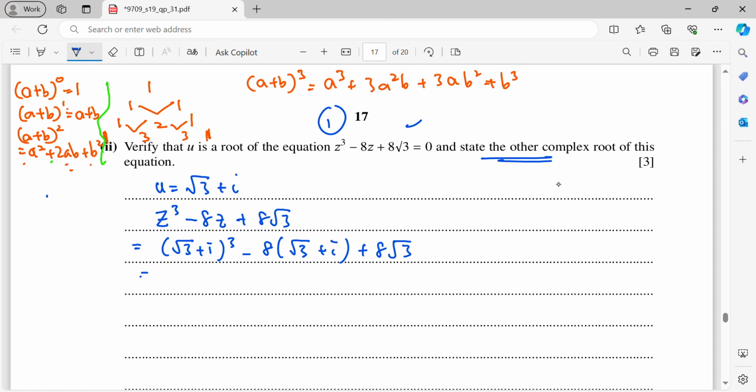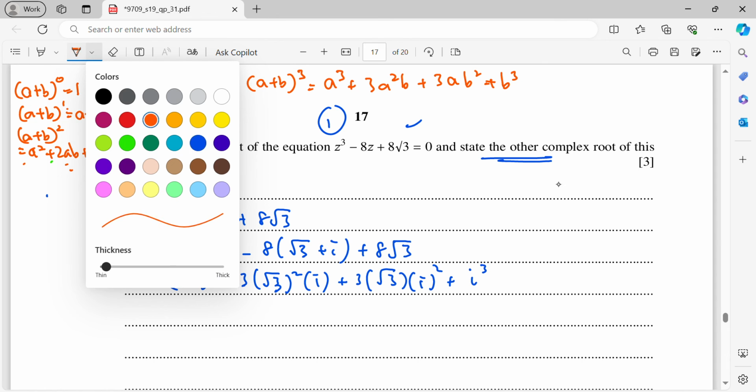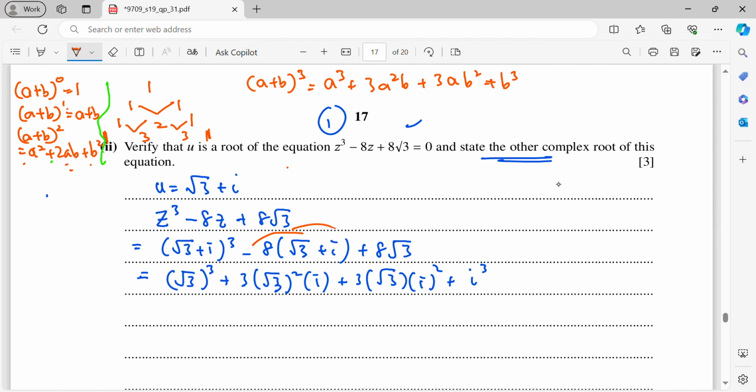So here I will just write square root 3 cubed plus 3 times square root 3 squared i plus 3 times square root 3, then i squared, plus i to the power 3. That is my expansion. Now next, this minus 8 times into the bracket.